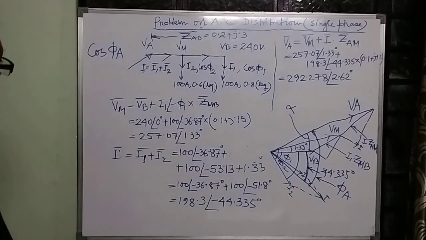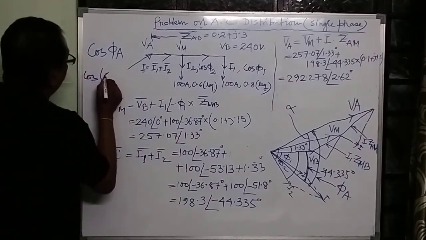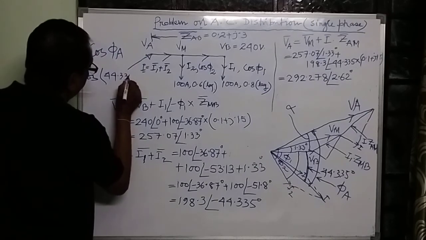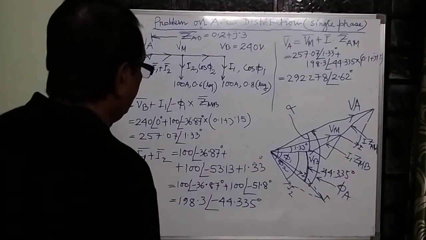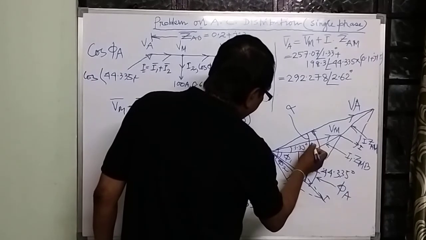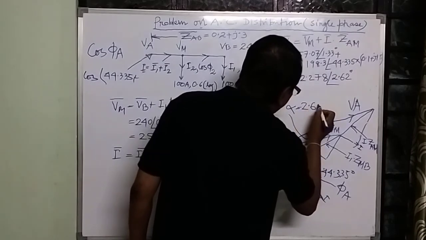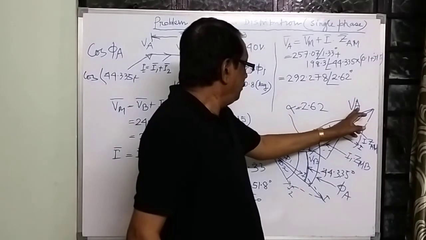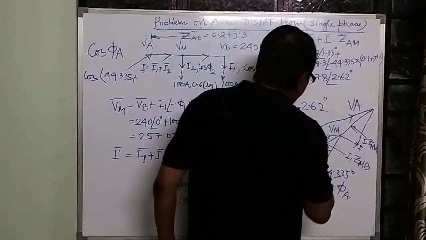So the power factor at A is equal to cos of 44.335 plus 2.62, since this is the reference line and the VA angle with respect to VB is 2.62 degree.